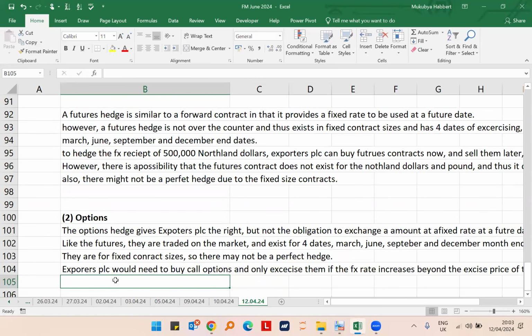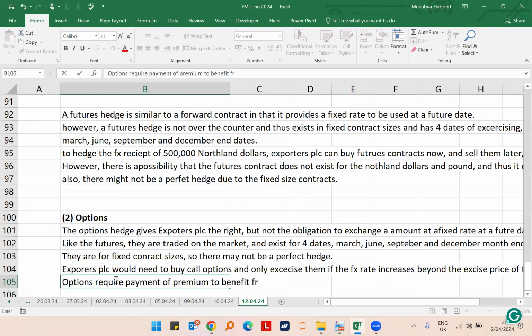Then you also mention that options require payment of a premium, and you benefit from the right and not the obligation.